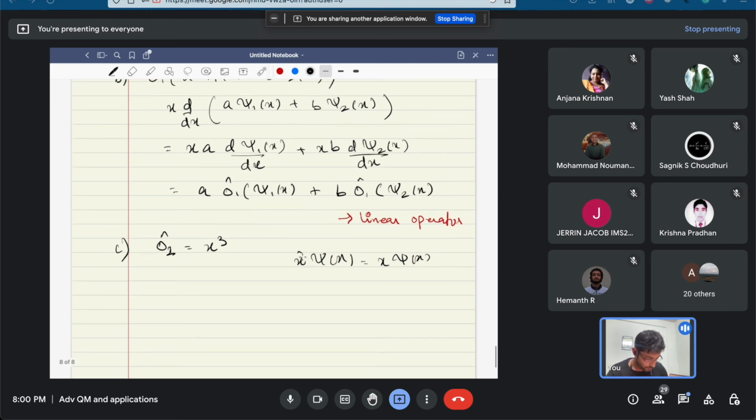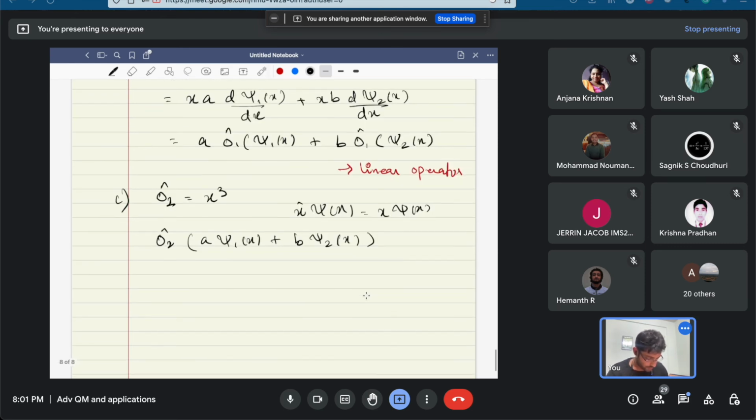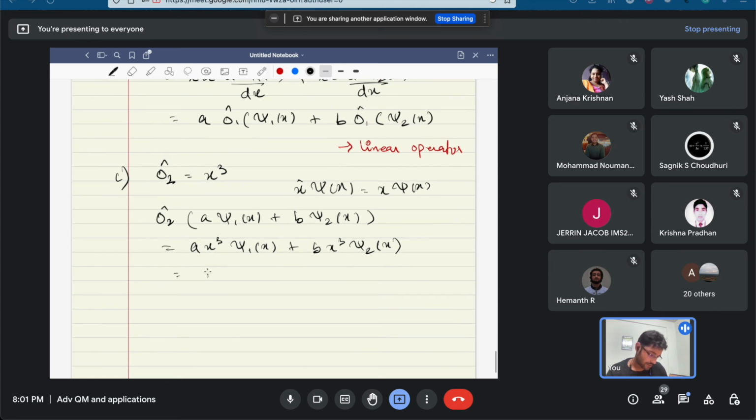So if you have O2 operating on a psi 1 of x plus b psi 2 of x, this essentially gives you a x cube psi 1 of x plus b x cube psi 2 of x, which is essentially a O2 psi 1 of x plus b O2 psi 2 of x. So this is a linear operator.